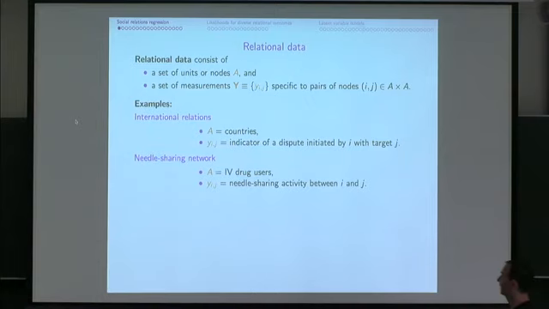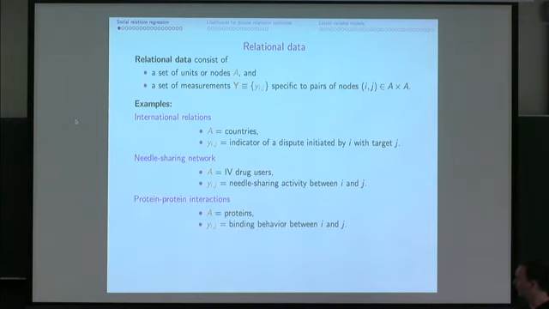You could have a set of IV drug users, and Yij might indicate some sort of needle sharing activity between persons I and J. Another example from biology: we might be interested in looking at how proteins bind to one another. This is a well-studied category of networks. You have a bunch of proteins, and you examine the binding behavior between proteins.